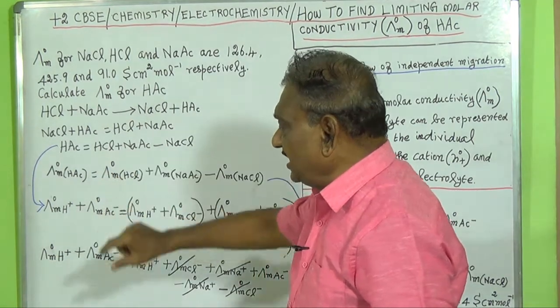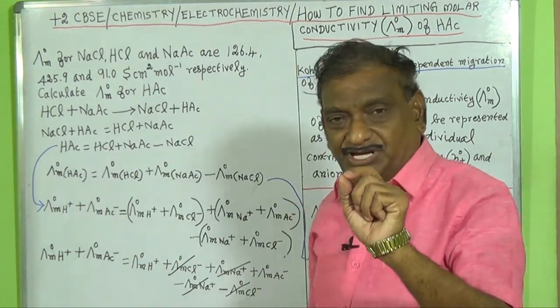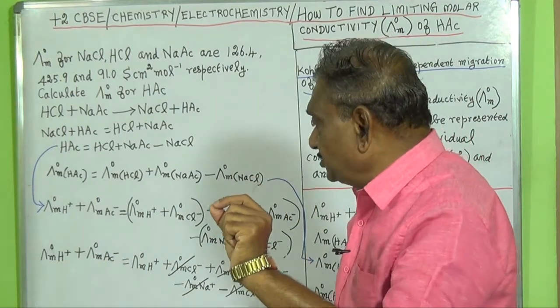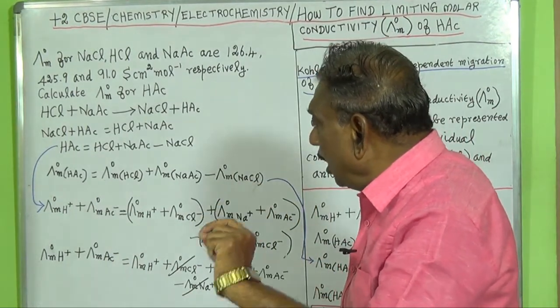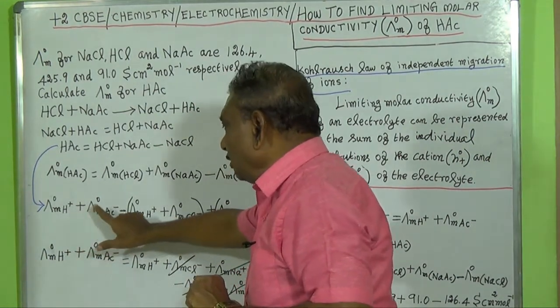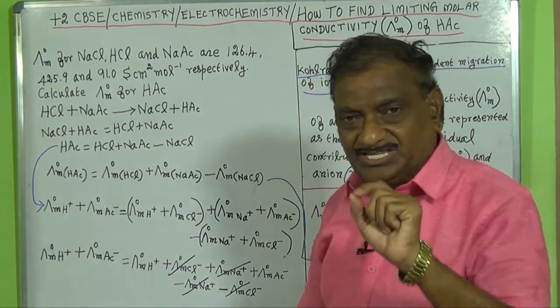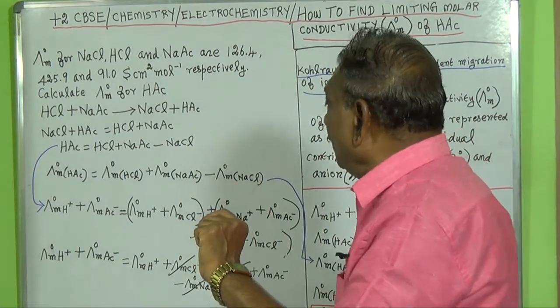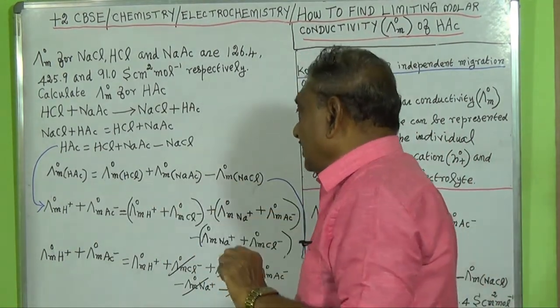can be written as limiting molar conductivity, that is lambda m naught, of H plus, plus limiting molar conductivity, that is lambda m naught, of Ac minus.